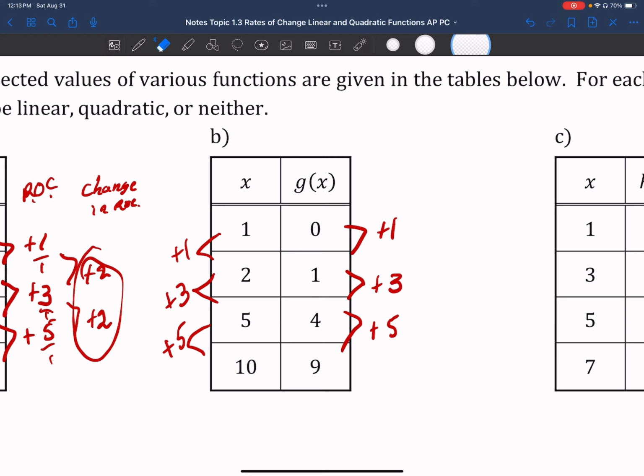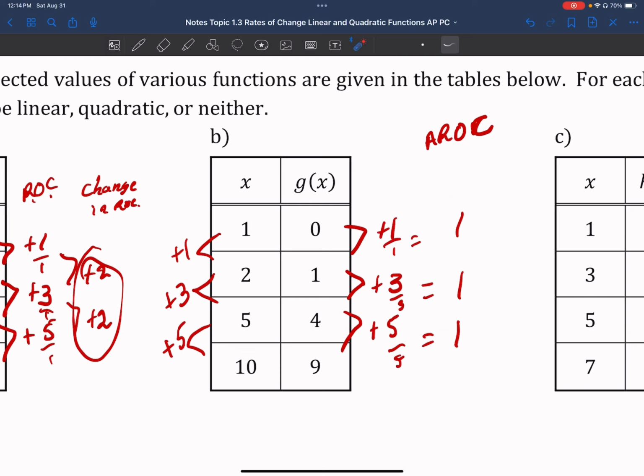After that, we're going to be dividing the numbers. Divided by 1, divided by 3, and divided by 5. When I simplify this out, I am going to get 1, 1, and 1. So these two columns are the same. The one on the right is simplified, and this is just my average rate of change.